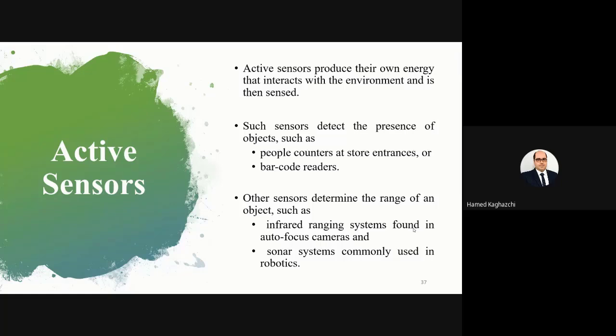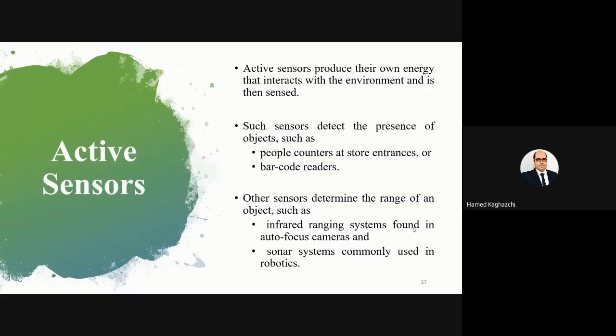For example, the microphone detects the sounds as an acoustic energy that is produced by a music instrument or by us. But active sensors are the sensors that produce their own energy and then it is sensed.